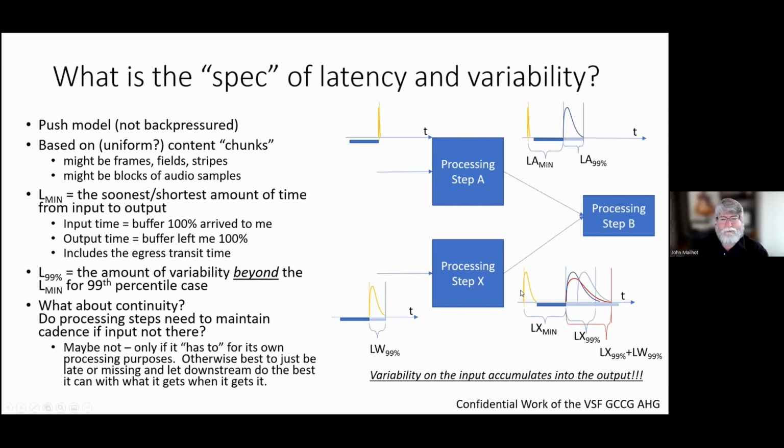We even did some math around how, if you have a sequence of steps and each step is variable, variability accumulates as you go down that chain. Because ultimately, if you have a consumer at the end of that chain, it needs to know how late it could be, or how early it could be as well.